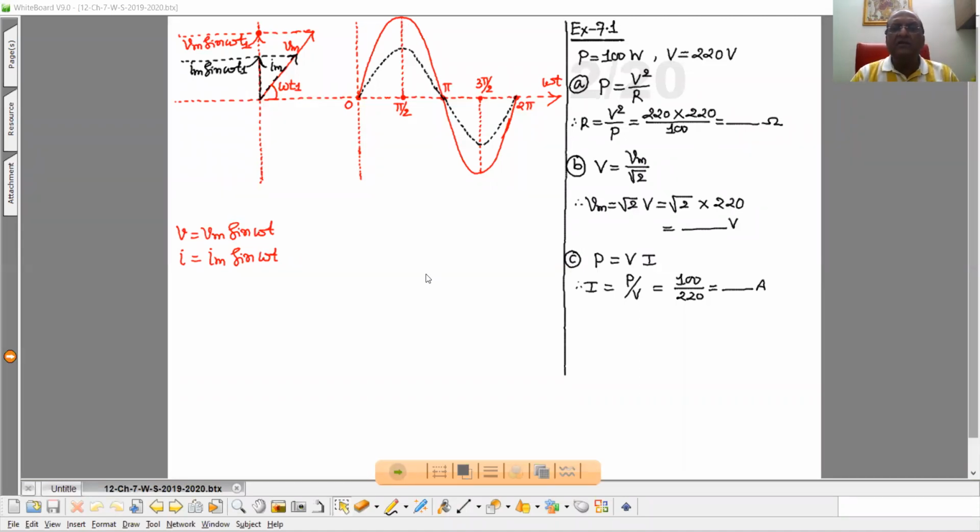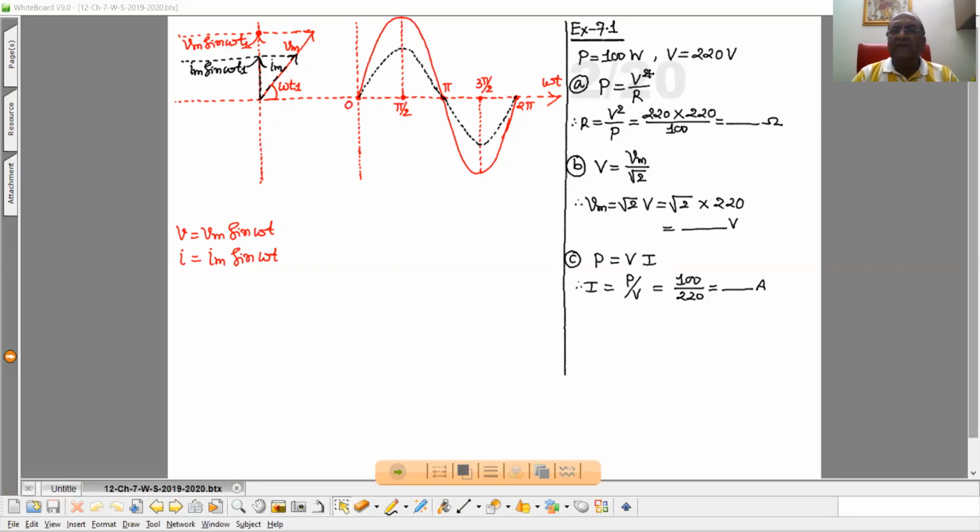Very simple. The rating of the bulb that is given to you, 100 watt, implies that your bulb is consuming 100 joule electrical energy per second when it is operated at 220 volt. This is the meaning of rating.